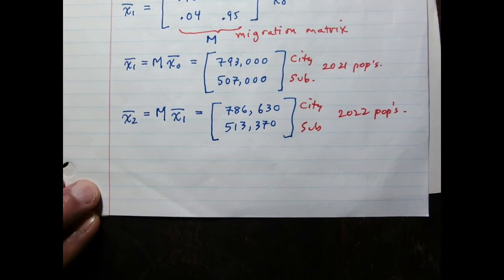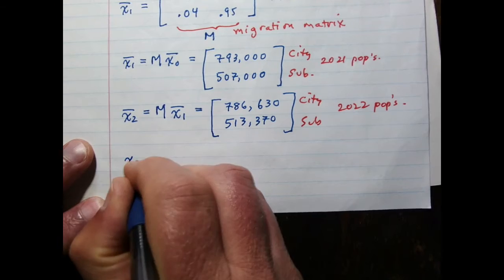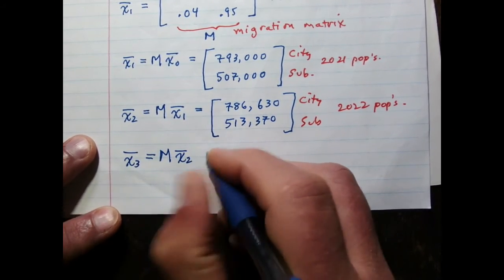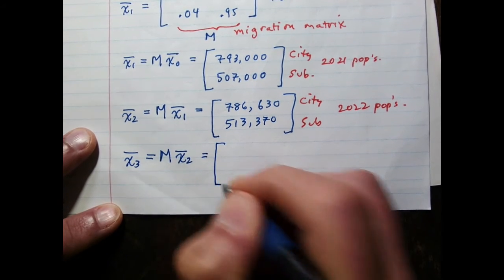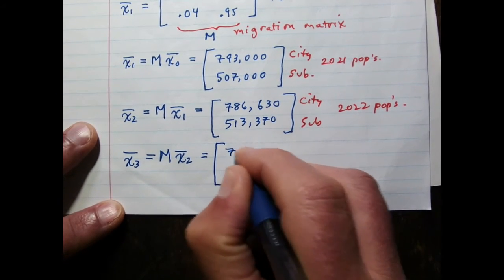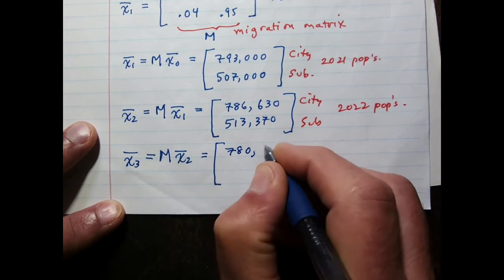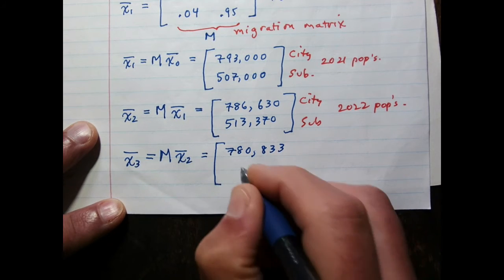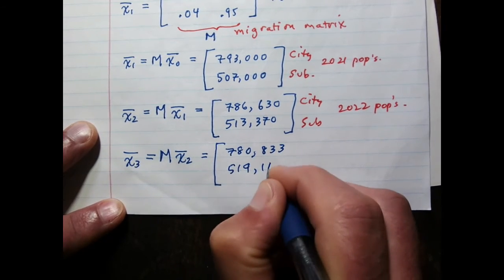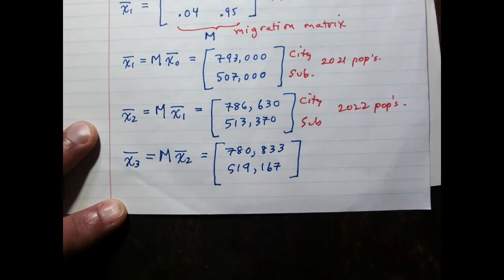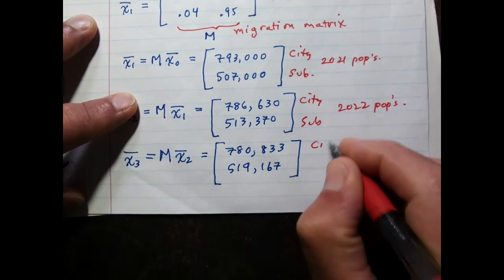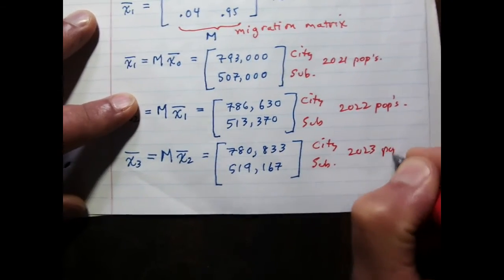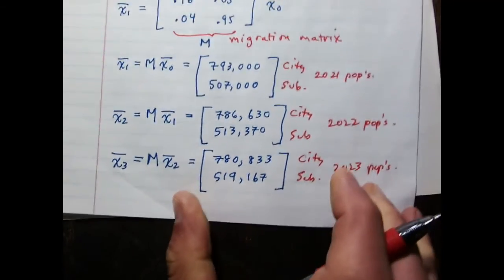And of course now it's nothing exciting. We're going to get x3 by taking M times x2. And that's 780,833 and 519,167. So there we have my city and suburban population in 2023, according to this demographic model, right?